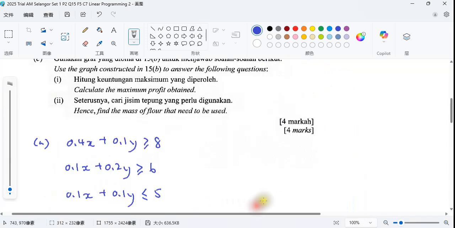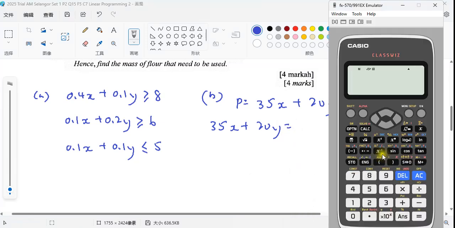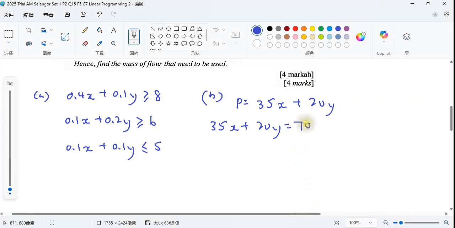So the profit is 35x plus 20y. So I will just use 35x plus 20y equal to 35 times 20, which is 700.